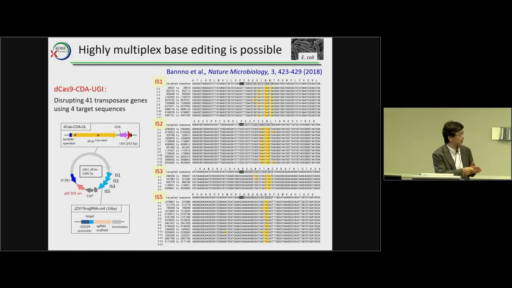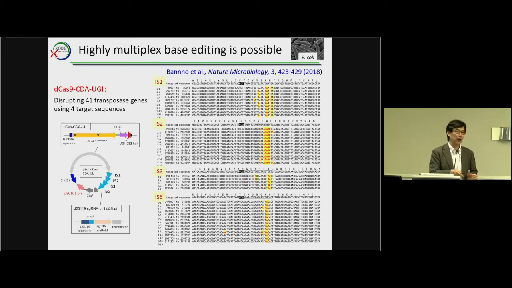So AID, and here we have 4 guide RNAs. Because it doesn't cleave the genome, you can create mutations in a variety of places at the same time. So this clearly shows this is a very, very mild and specific editing system.